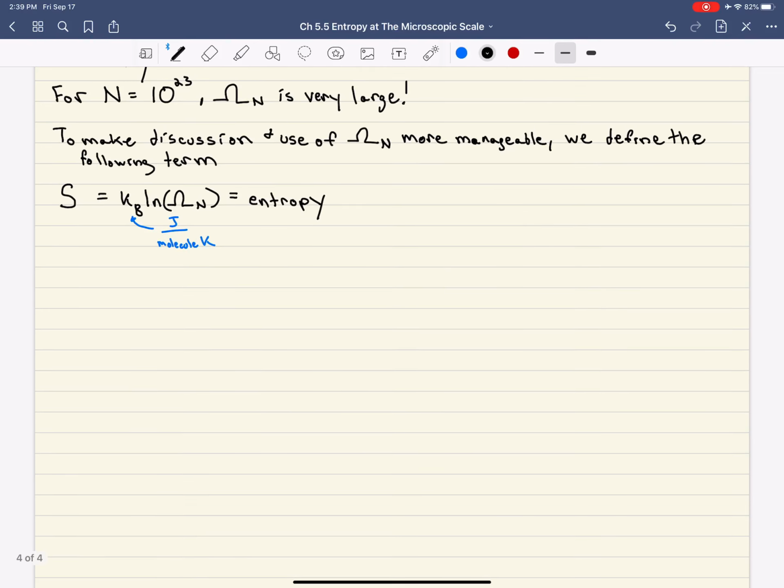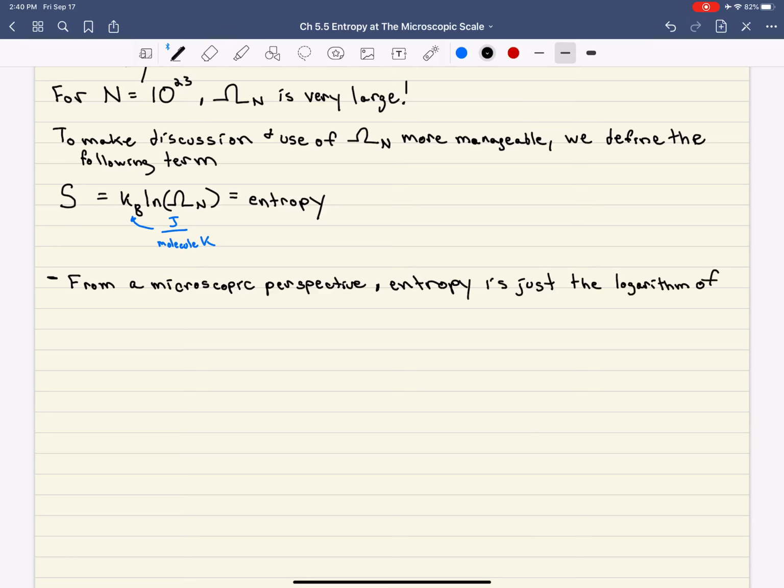All right, and so when we're considering systems at the microscopic level, whenever we talk about entropy at the microscopic level, all it is is the logarithm of the number of different ways of arranging molecules in a system. Okay? Right?